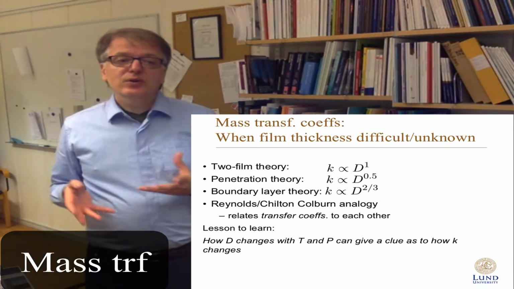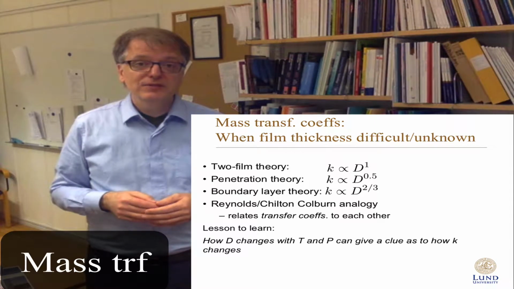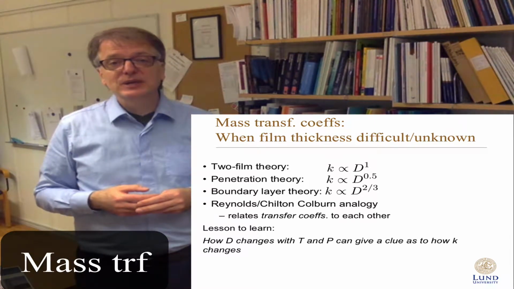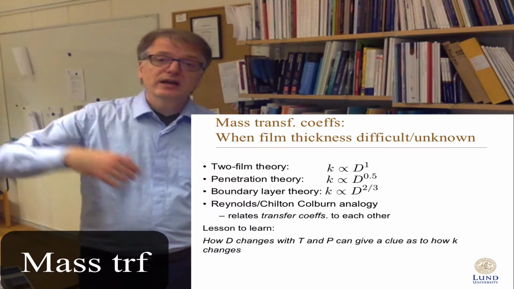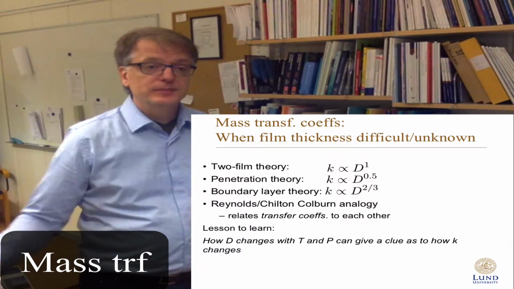In the Reynolds and Chilton-Colburn analogy, as I said, they don't include diffusivity at all. They only relate transfer coefficients to each other: the mass transfer coefficient to the heat transfer coefficient and to the transfer coefficient for momentum.